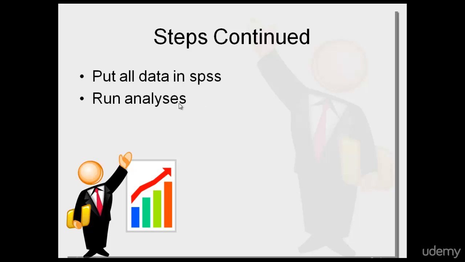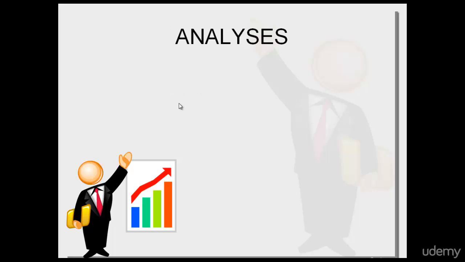So let's see what analysis you are going to perform. The first analysis begins with reliability analysis. What reliability tells and what all of these mean, I'll let you know in the next lectures, because each analysis is composed of a section.